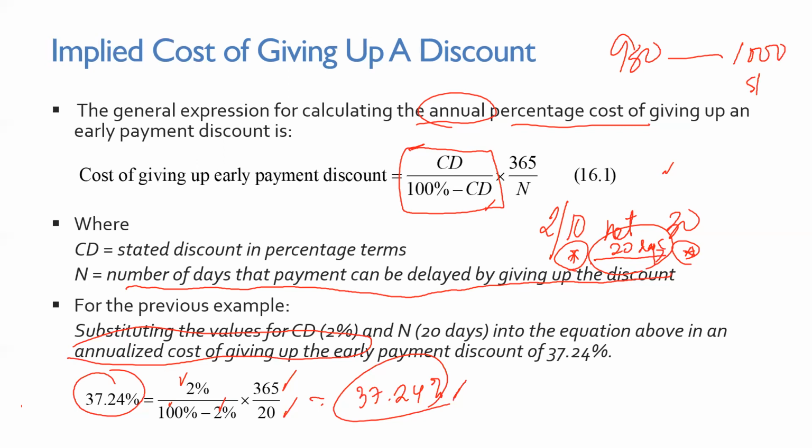No? Kasi yung $20 na yan, mukhang kaunti lang, right? But on an annualized basis, that interest rate is actually 37%. That is a very expensive loan, right? And so that's something that should be considered in your analysis. So usually credit discounts are very expensive if you do not take them, no? If you give them up. So you have to check also, right?